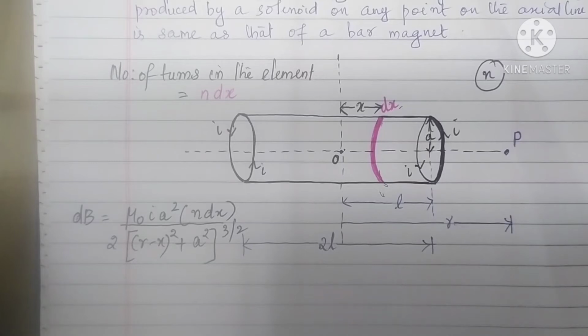Here we want the expression for this dx element, so instead of r, we write r minus x: 2 into (r minus x) the whole squared plus a squared, the whole raised to 3 by 2.